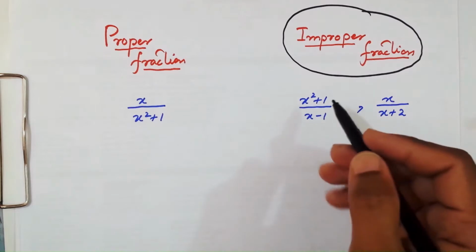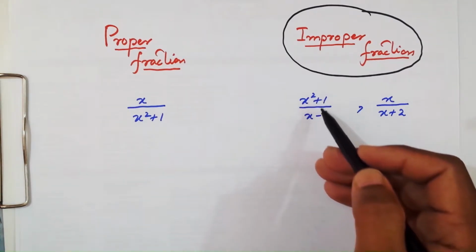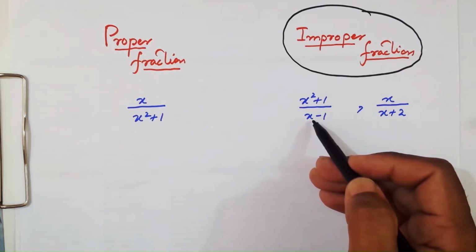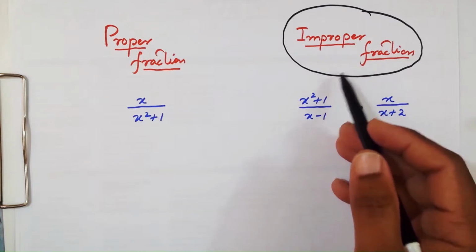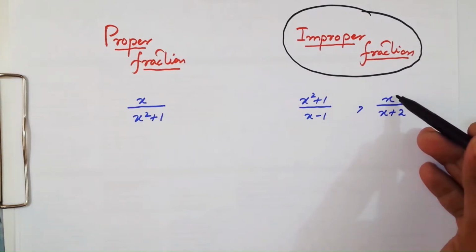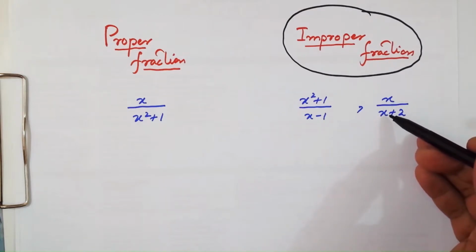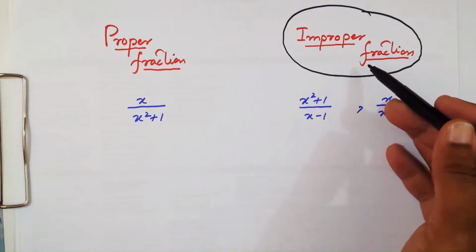If the degree of the numerator variable is greater than the degree of the denominator variable, it will be related to improper fraction. Or if the degree of the variable of numerator and denominator is the same, then it is also related to improper fraction.